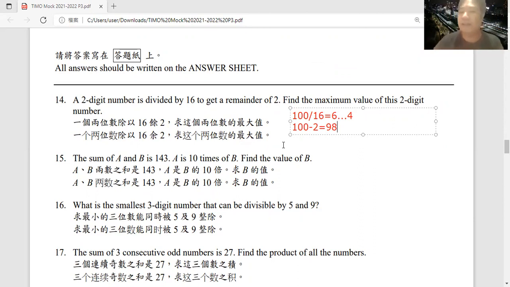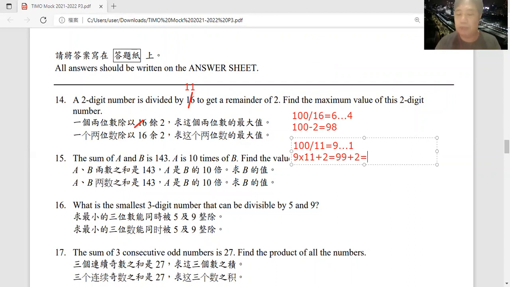Of course, there is a variant, because if this number is not 16, if I give it 11, then it will be another case. Because you divide 100 by 11, which is 9 remainder 1. And 9 times 11 becomes 99, but 99 plus 2 will be 101.